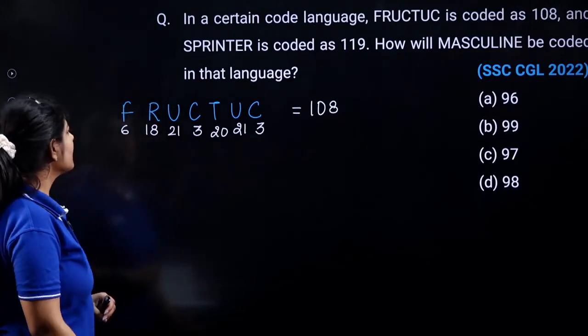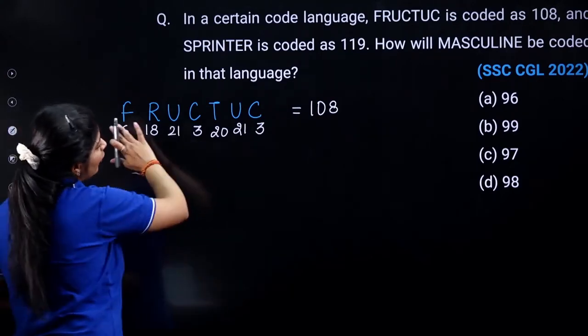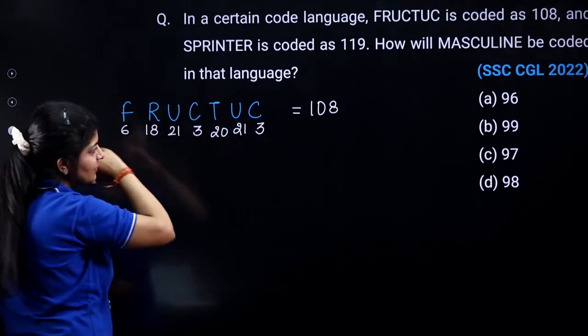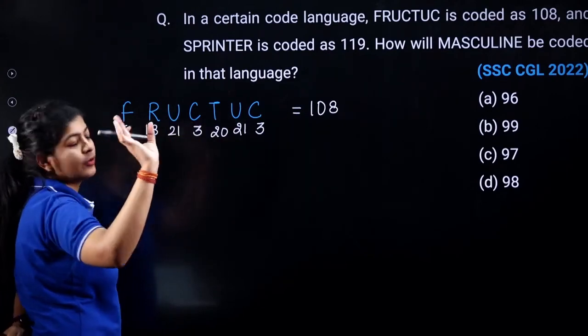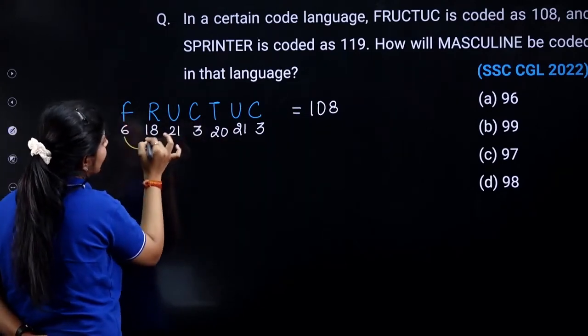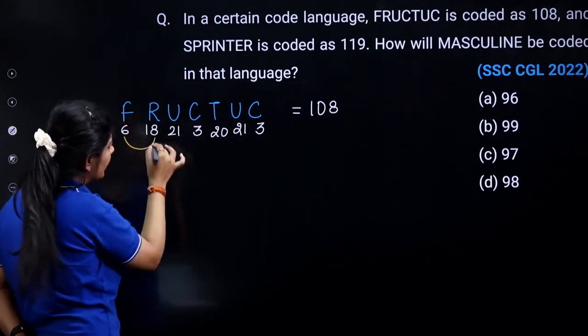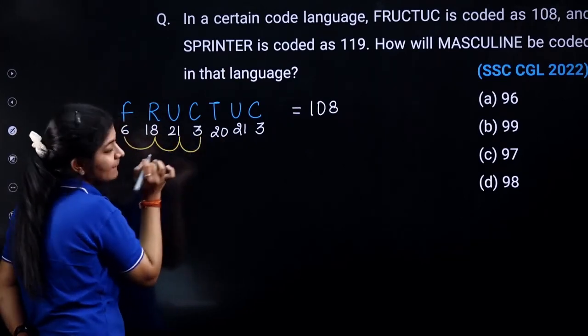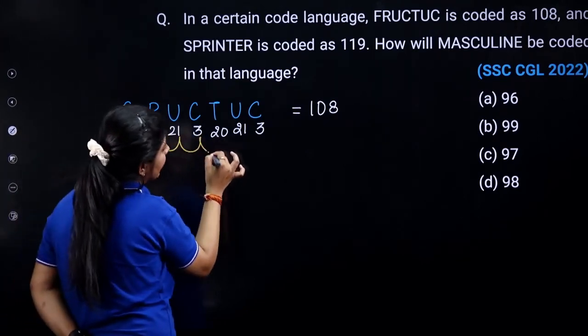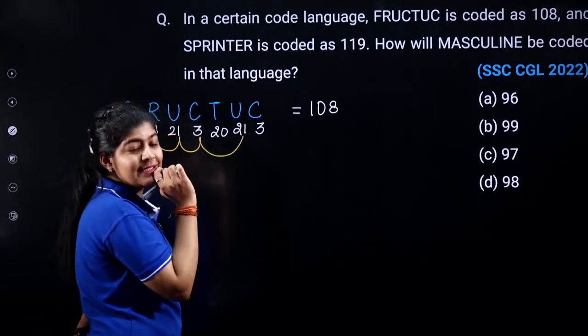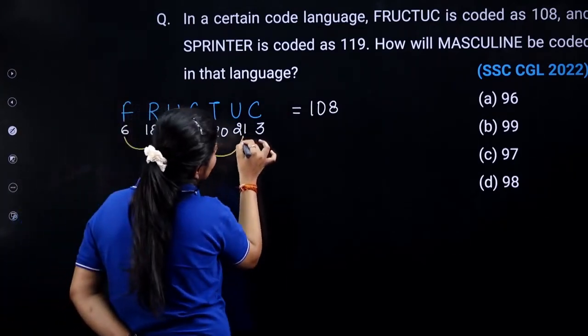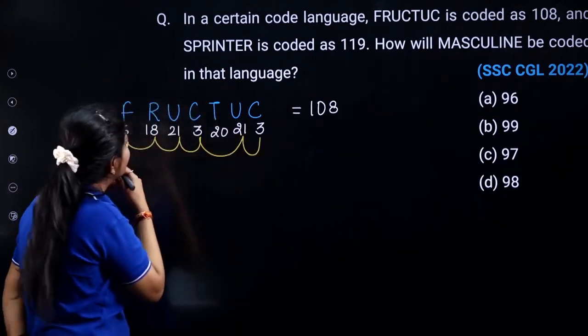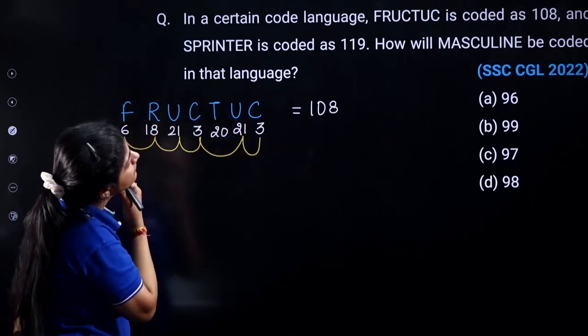If I add all these numbers, currently I'm only dealing with the unit place value. 6 plus 8, 14, that means 4. 4 plus 1, 5. 5 plus 3, 8. 8 plus 1, that is 9. 9, and here we are having 3. Did I miss something?